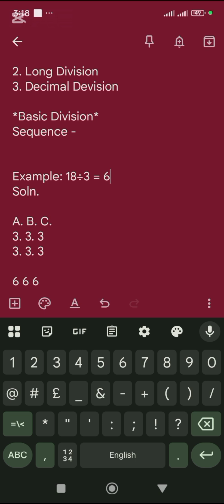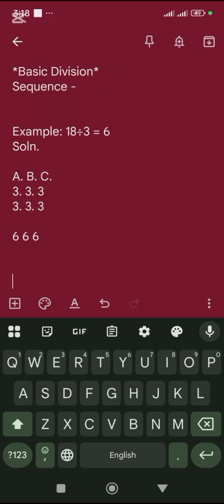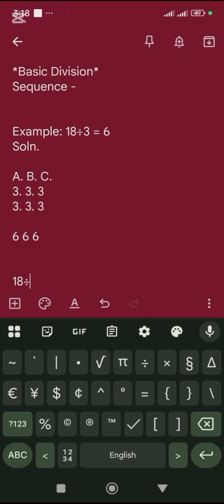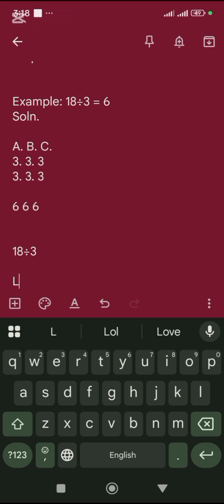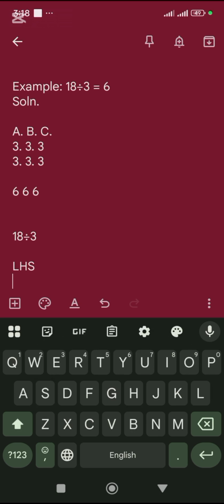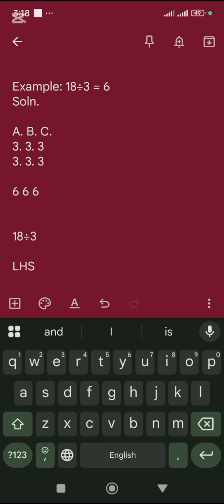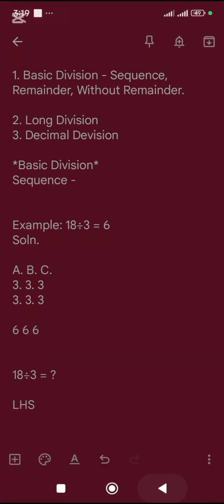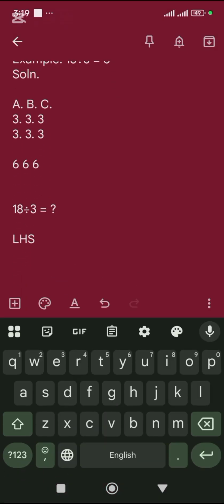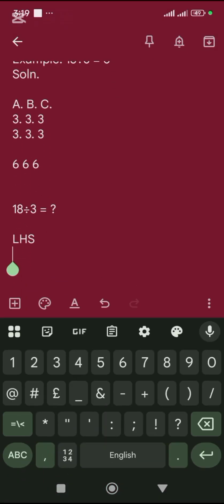So when you have 18 divided by 3, 18 falls at the left hand side, which I'll call LH, and 3 will fall at the right hand side. Let's put a question mark there.